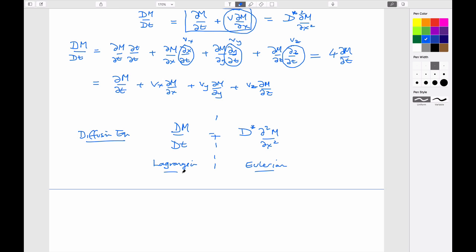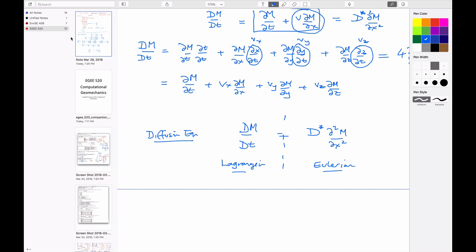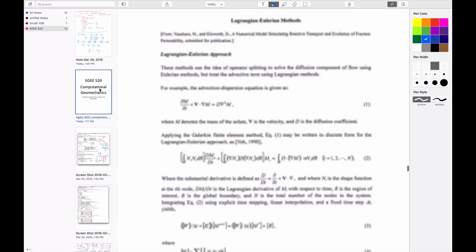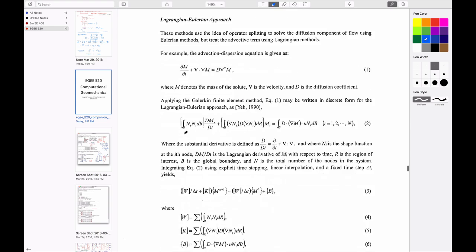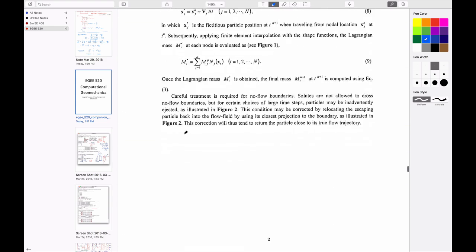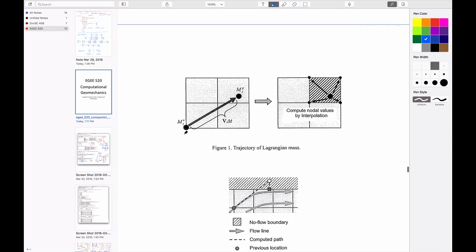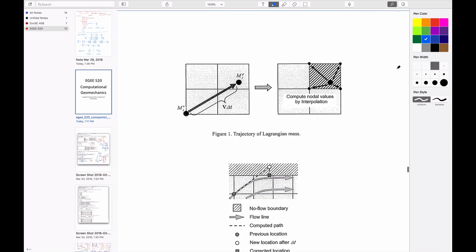Let's go to some of the printed stuff that we have. This is it written out, and probably it's best to look at a figure first that physically explains what's going on. It's really very straightforward.